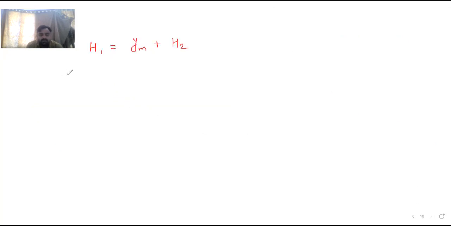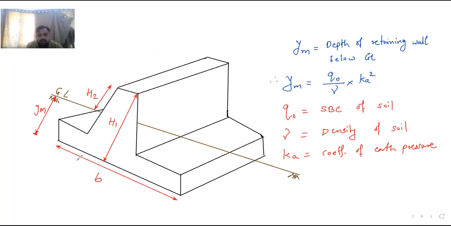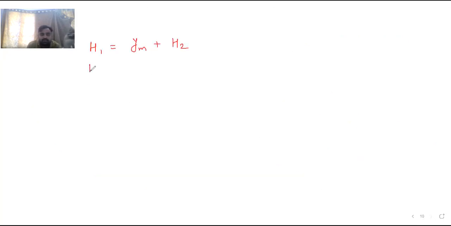Then B is the width. This B is the horizontal dimension, the length of the base slab. It can be taken as 0.48 H1 to 0.56 H1. This is the range to calculate B.